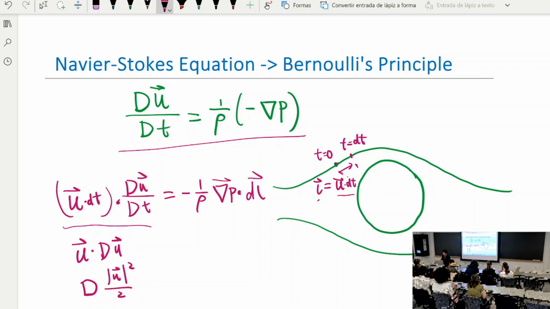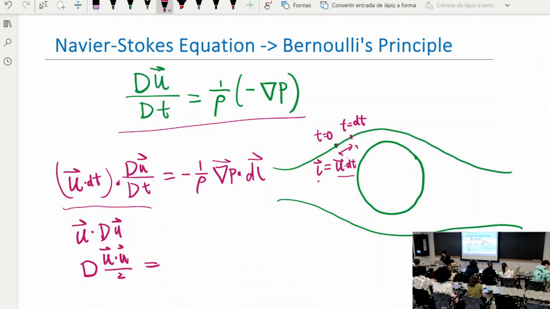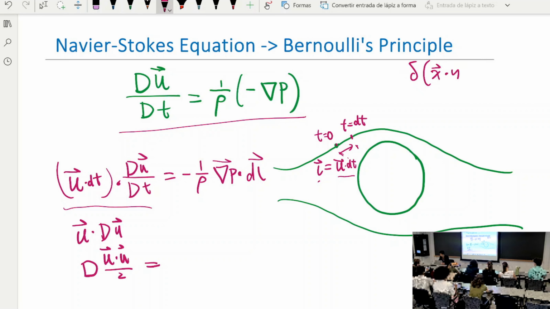Let me make it easier to understand. Instead of a magnitude squared, I want to write the magnitude squared as u dot u. Calculus basically tells you that if I have the dot product of two things, a small change in the dot product of, let's say, two vectors x dot y is equal to x dotted with a small change in y plus y dotted with a small change in x.